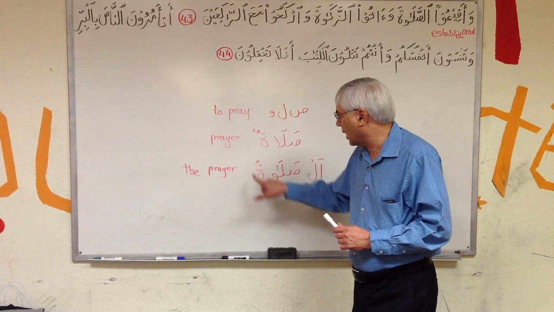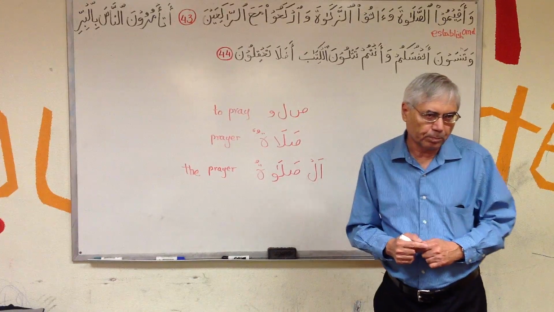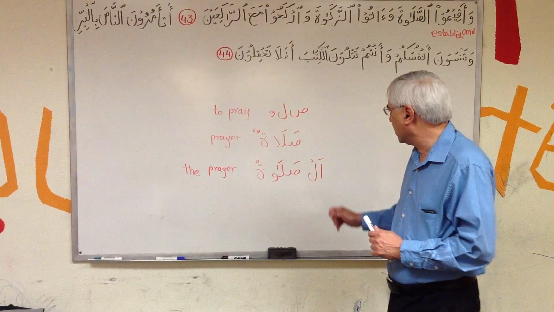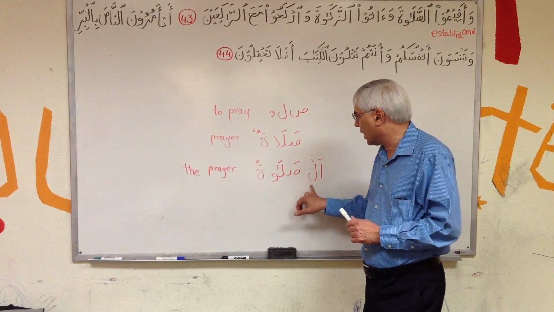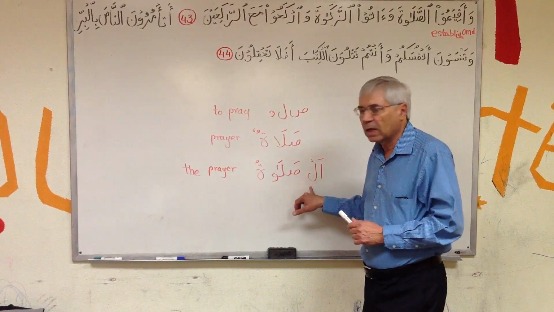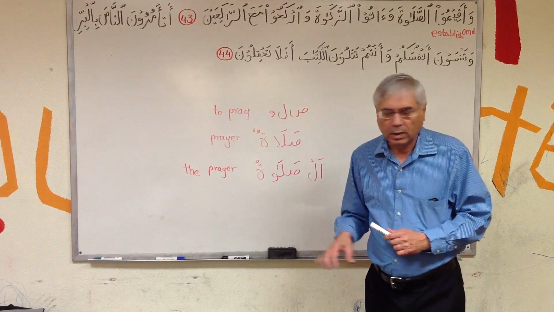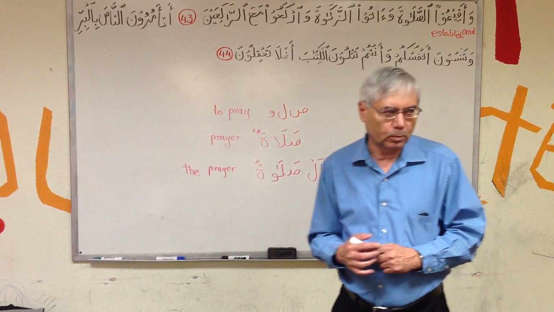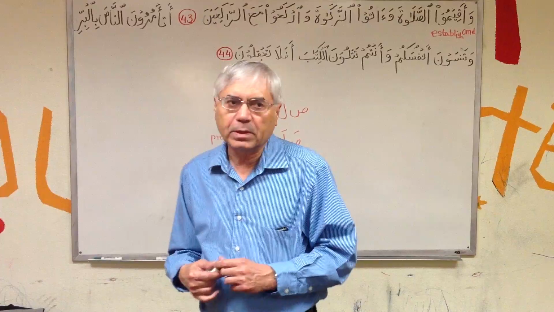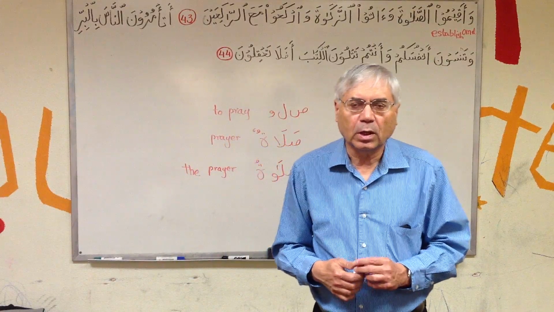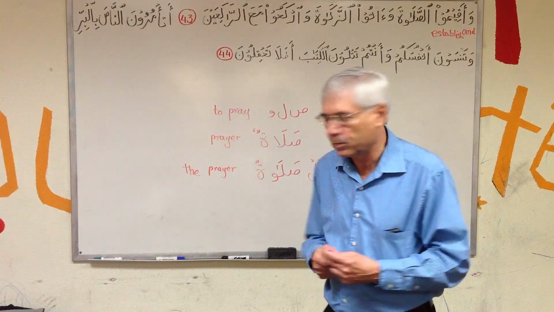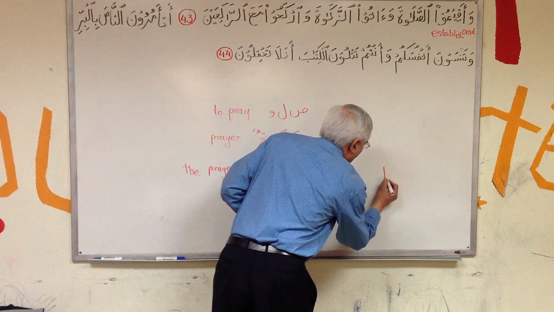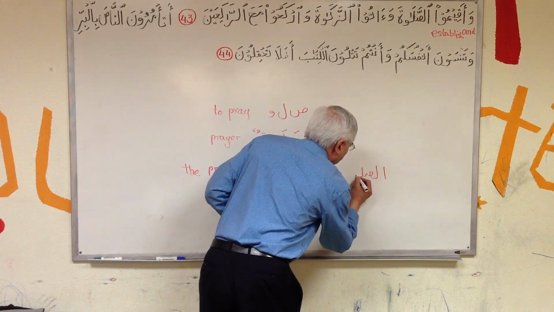Now, when we put al, then one of the two dhammas goes away. So it becomes al salatu. In the tajweed pronunciation, when swad comes after lam, the sound of lam is not pronounced. It's a shamsi letter, so swad is pronounced twice: as-salatu. So this will be written as as-salatu.